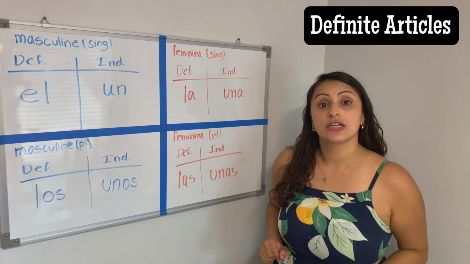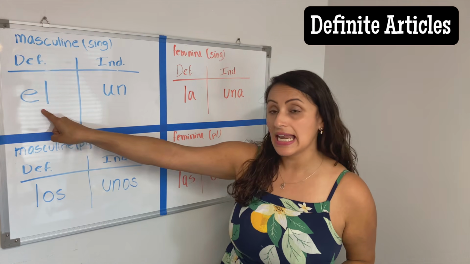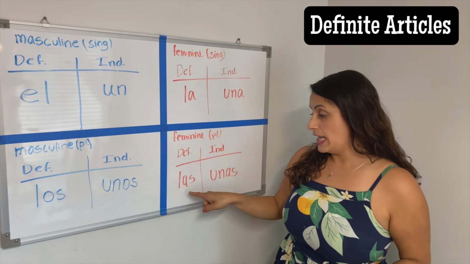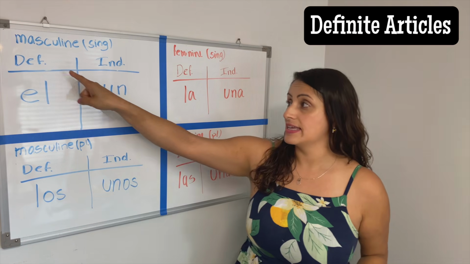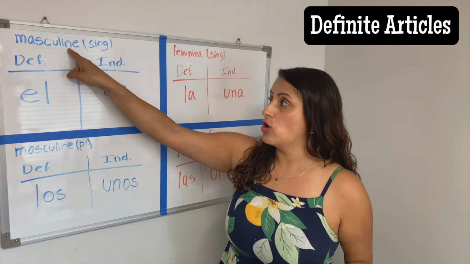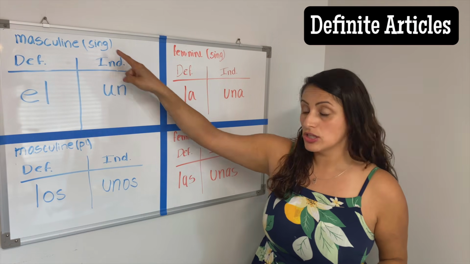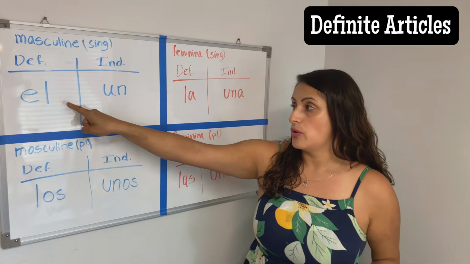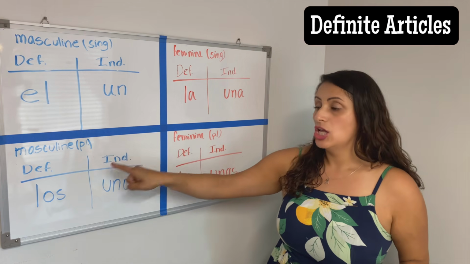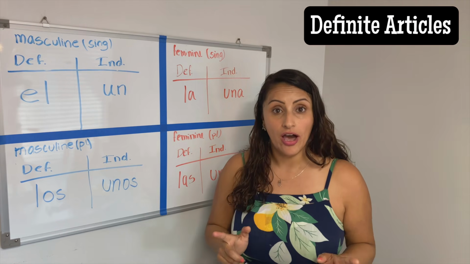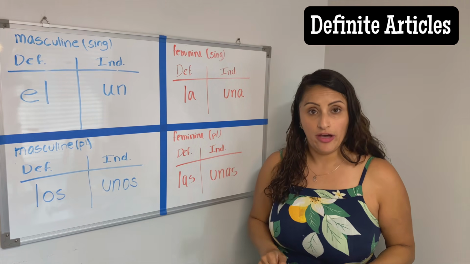Those mean the. Let's do a quick review. The definite articles in Spanish are el, la, los, or las. And again, they're definite and they go by whether they're masculine, feminine, singular, or plural. So el, la, los, and las. Those all mean the definite article the.